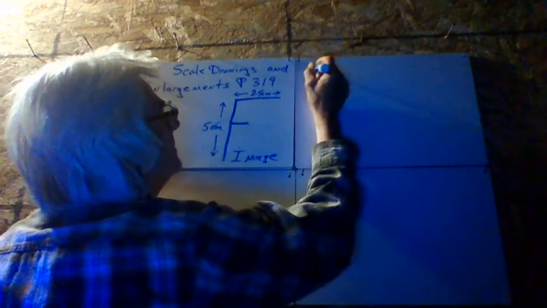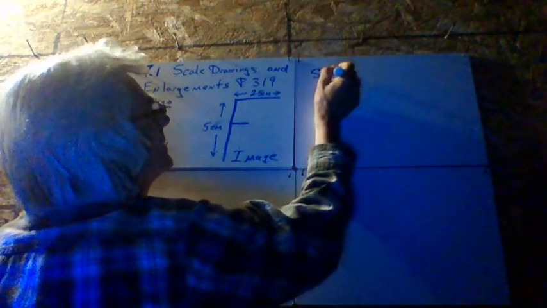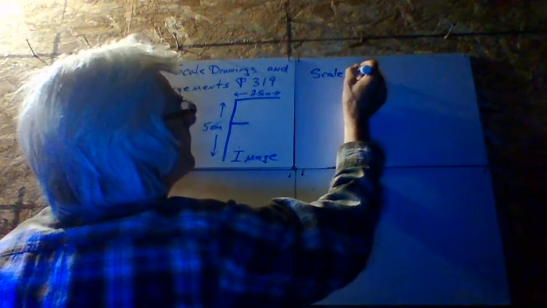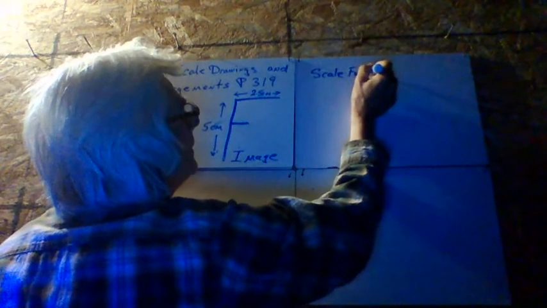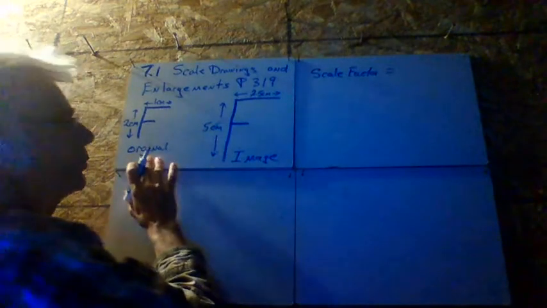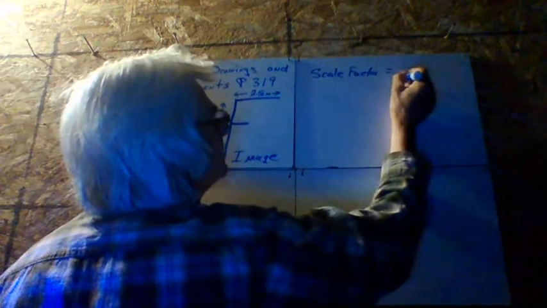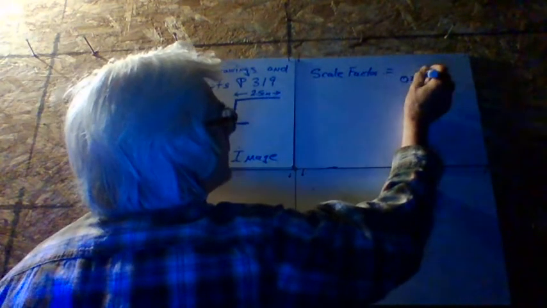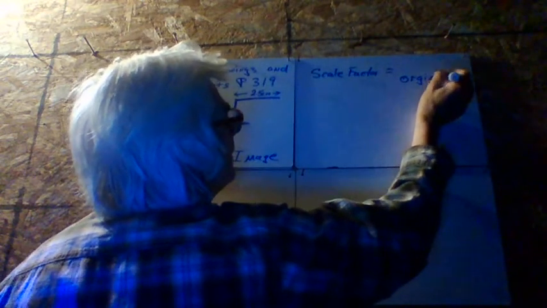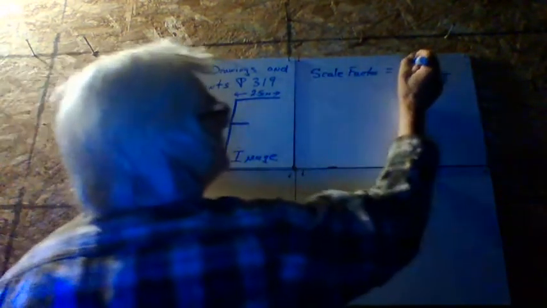That's important because if I look at how I calculate scale factor, there's a formula for it. So I'd have scale factor is equal to the image over top of the original.